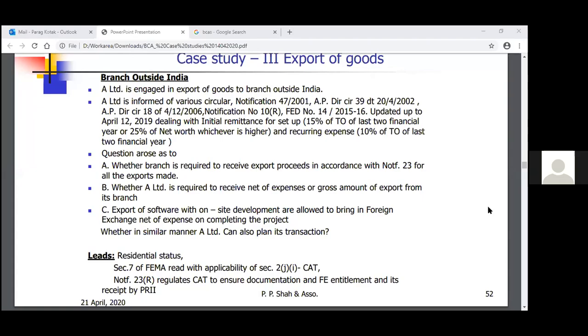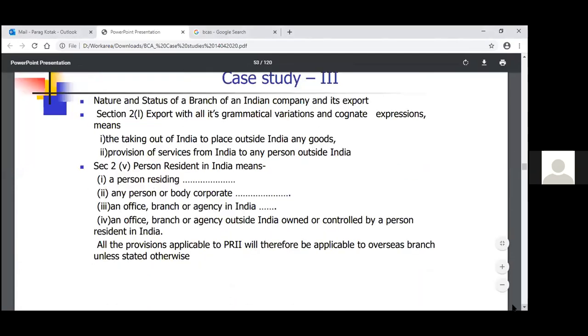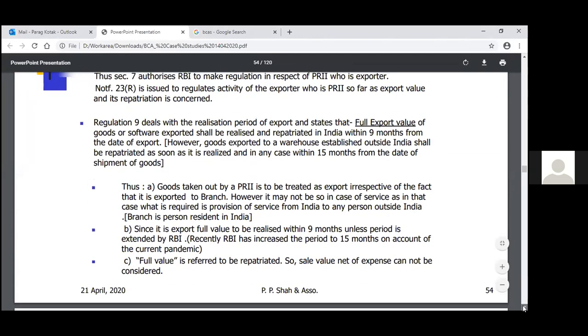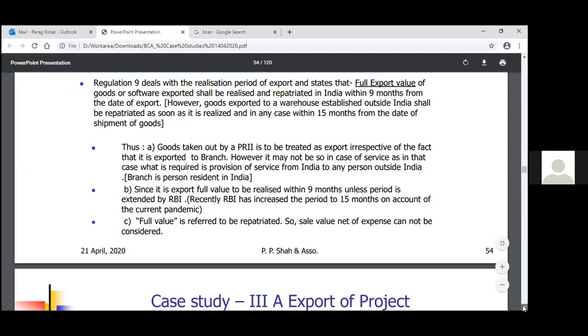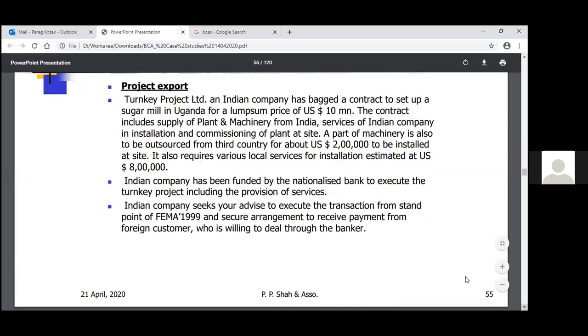Can you go to the next slide, please, 53. Next slide, please, Parag. Yes, yes. Can you just look at the next slide further, please. 55. 55, please.